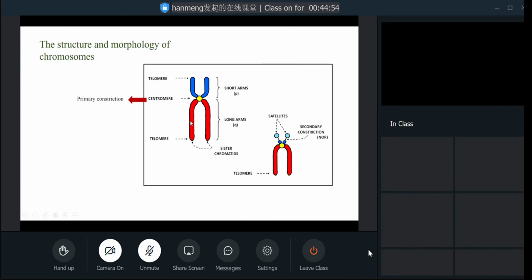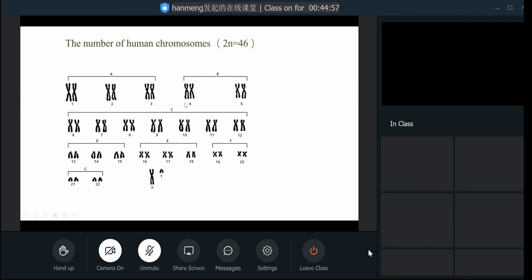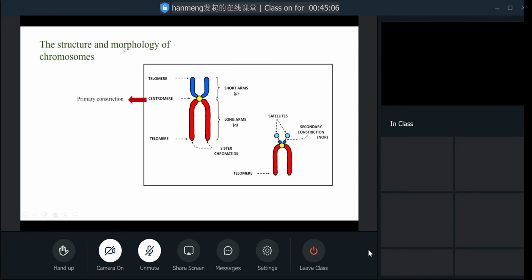So, if we want to know whether the chromosome has some abnormality, then we will learn the structure and morphology of a chromosome.